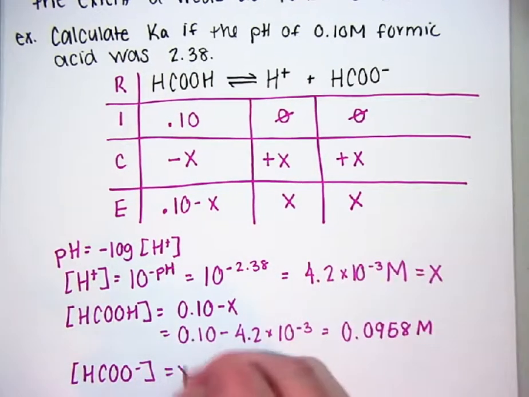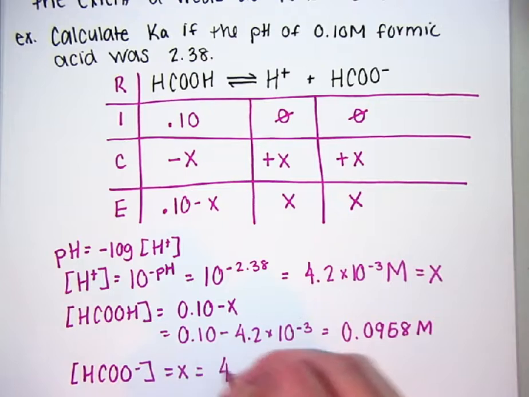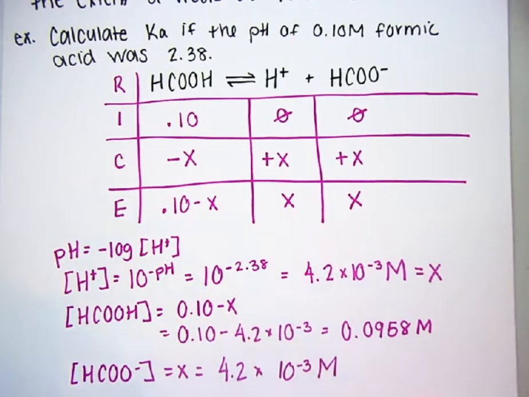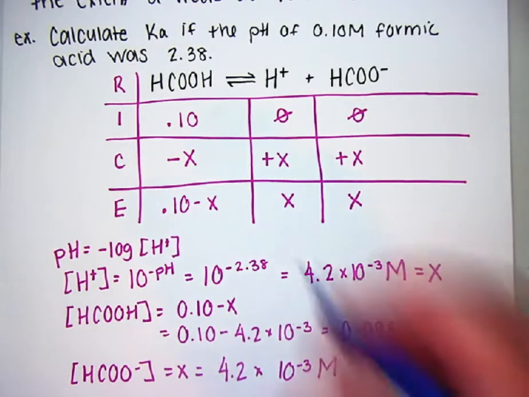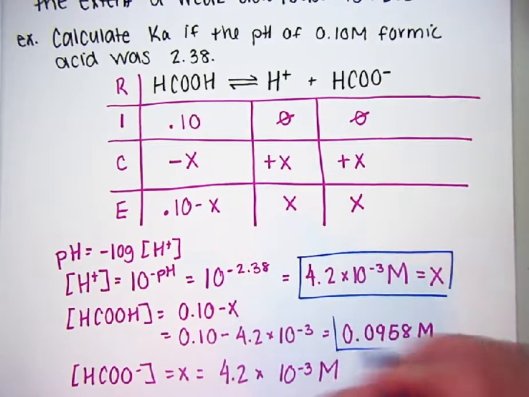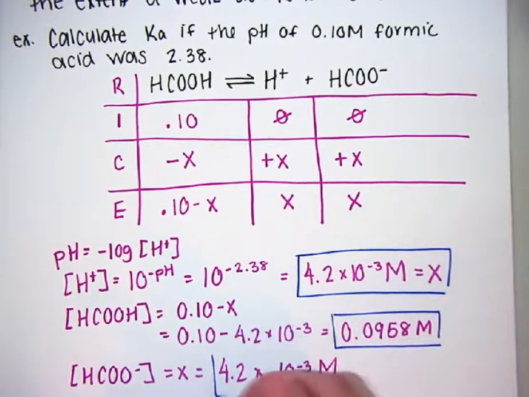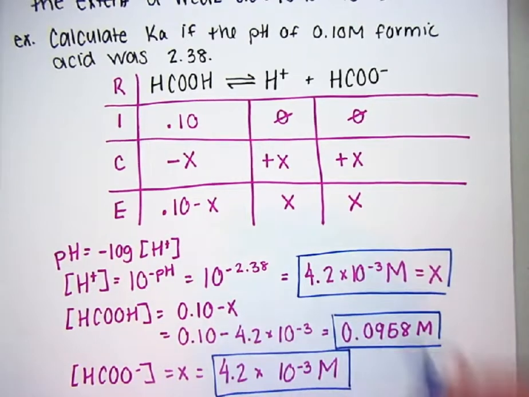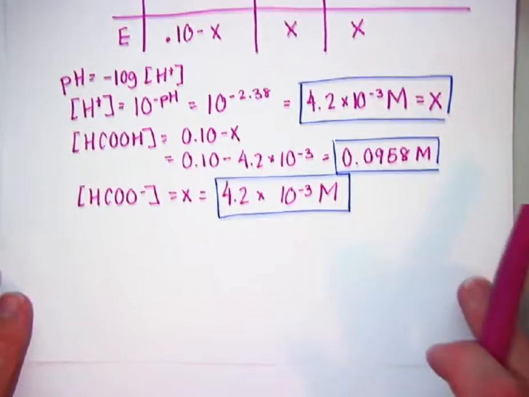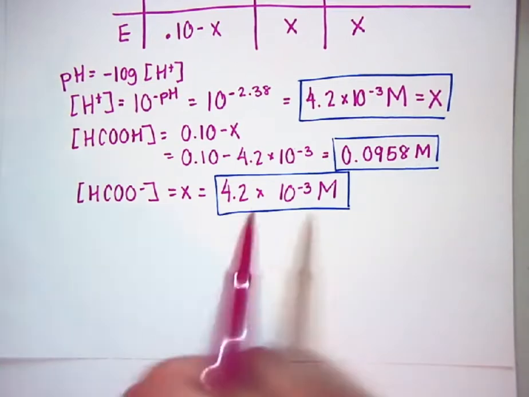The concentration is equal to x, and x equals 4.2 times 10 to the negative third molar. So I now have my hydrogen ion concentration and formic acid concentration. Once I have all of my concentrations at equilibrium, now I can write my Ka expression. I can plug in my equilibrium concentrations and solve for Ka.